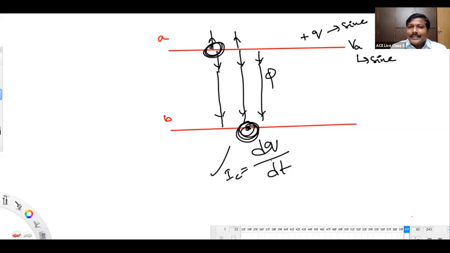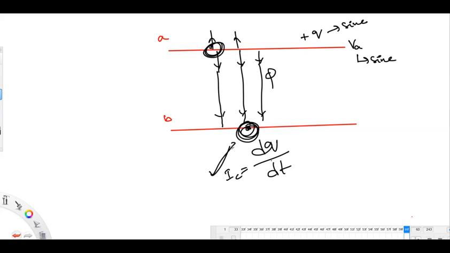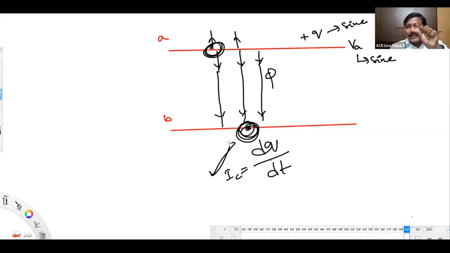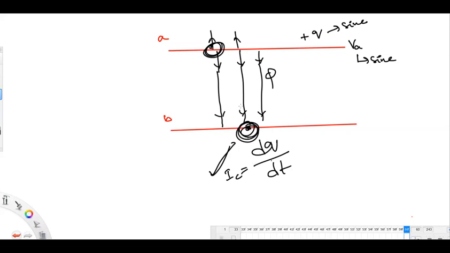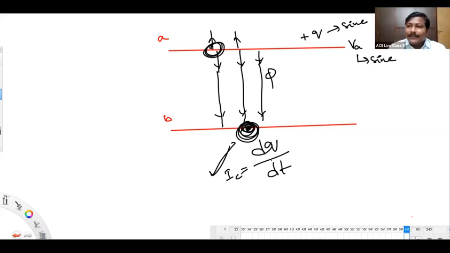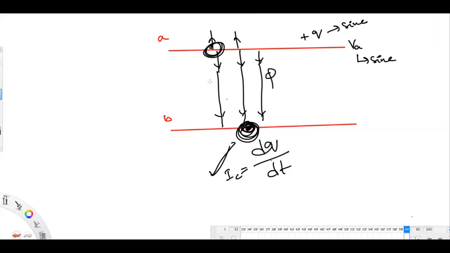Yes, that's why we keep a capacitor, to show that there is a charging current. If that current is getting induced in B, who is supplying it indirectly? Conductor A.